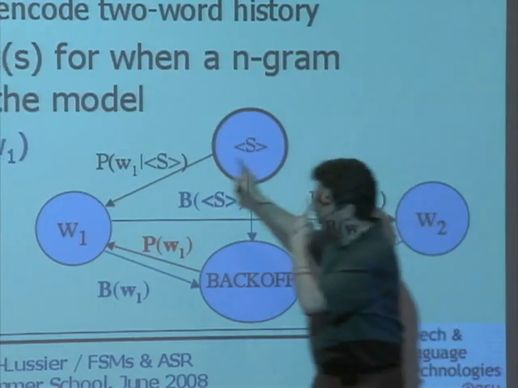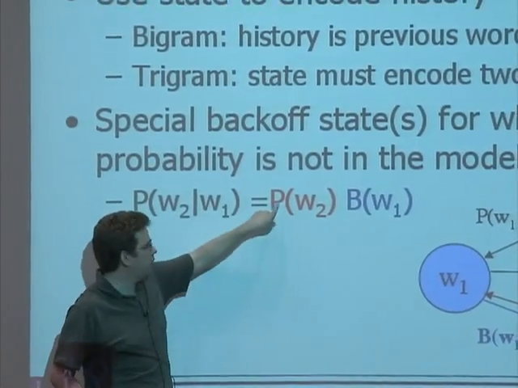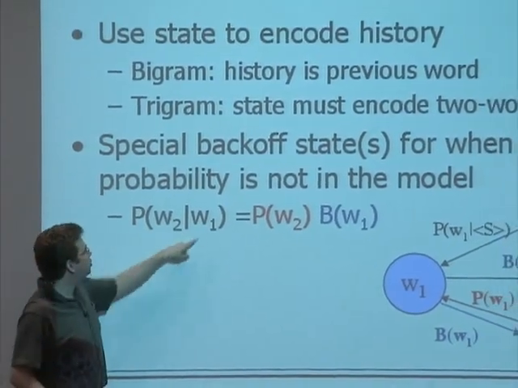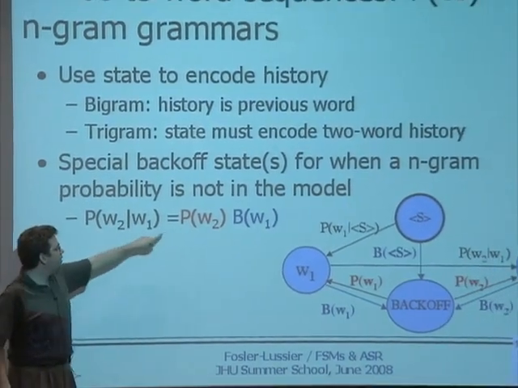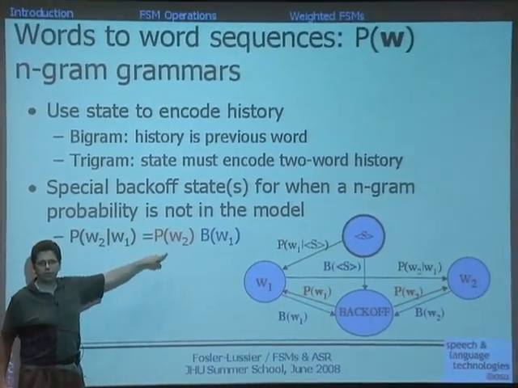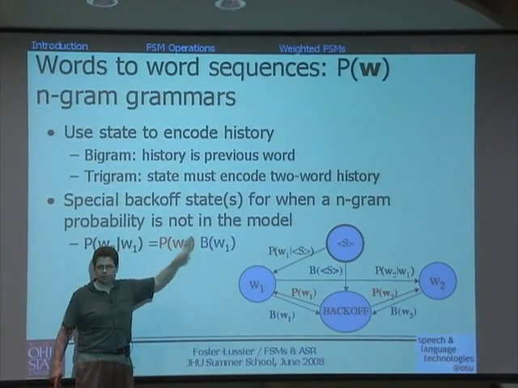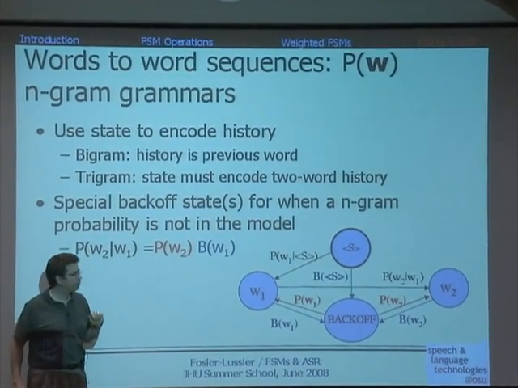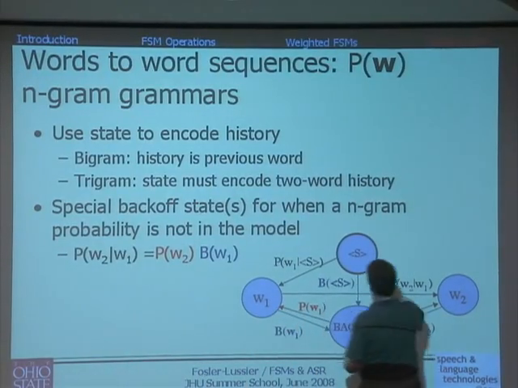So the idea is that we have a way of computing, which I won't go into at the moment, that if I've never seen word 2 following word 1 before, a way of taking the prior probability of seeing word 2 and multiplying by a back-off weight for word 1. So it's sort of a discounting factor. Okay. Now the question is, how does that get encoded over here?